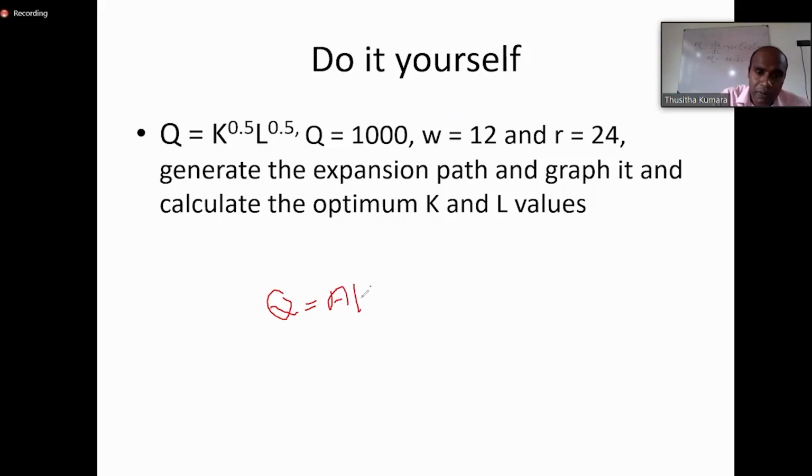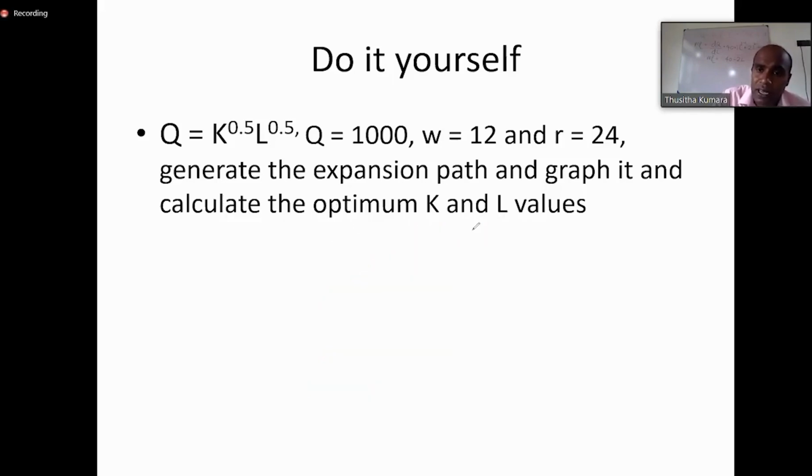Therefore, the Cobb-Douglas type of production function has a generic form: Q = A times K^alpha L^beta. A is the efficiency parameter, showing how efficient our production process is. We did that. Alpha and beta are known as allocative parameters, showing how you are going to allocate capital and labor. That is the functional shape of the Cobb-Douglas production function.